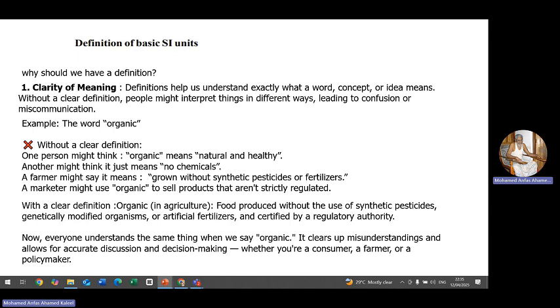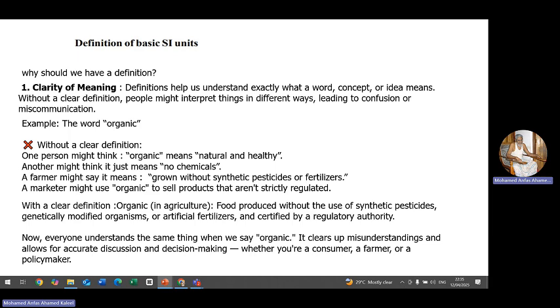For example, if I take the word organic, without a clear definition, what will happen? One person might think organic means natural and healthy. Another might think it just means no chemicals.